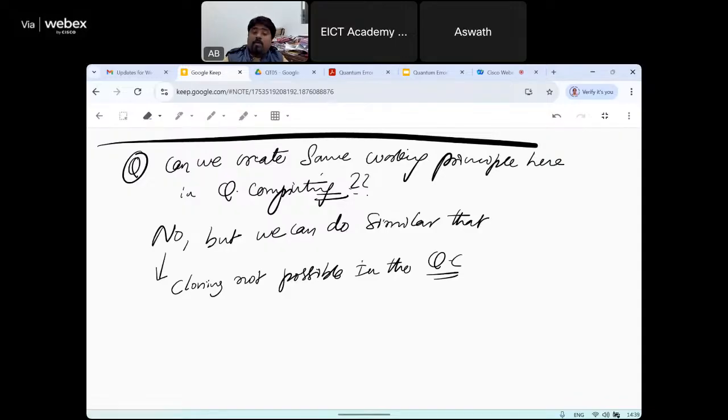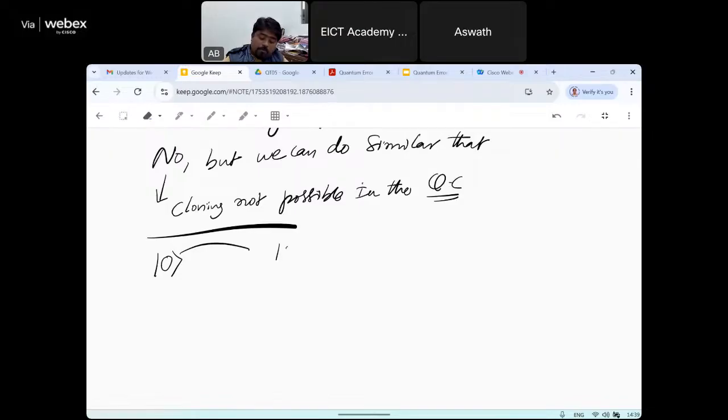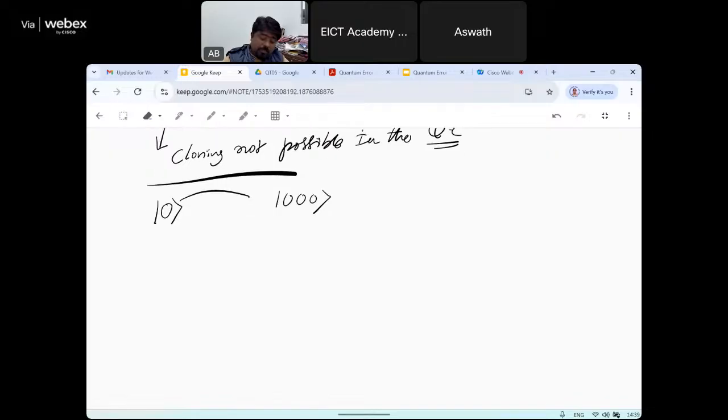Earlier we were cloning 0 to multiple zeros, that is not possible here.